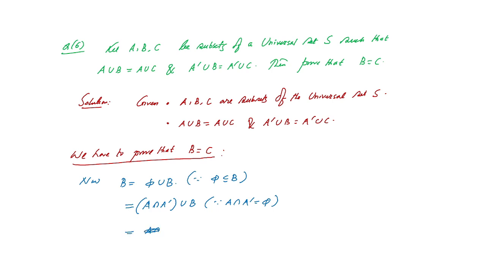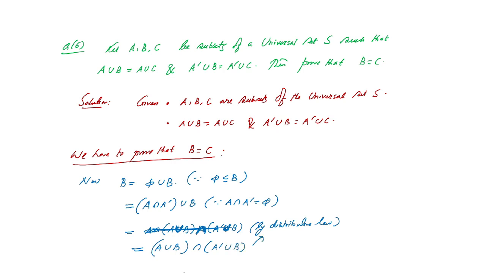So that will be, if we apply the distributive law, (A intersection B) union (A complement intersection B), and by the distributive law, that will be (A union B) intersection (A complement union B).